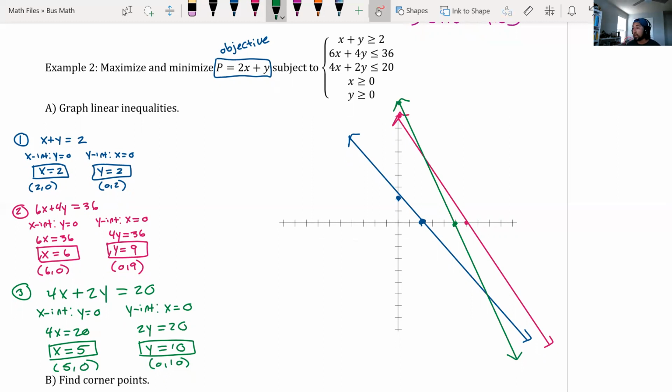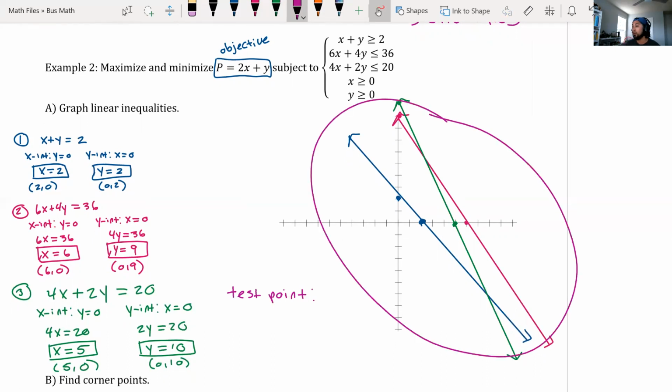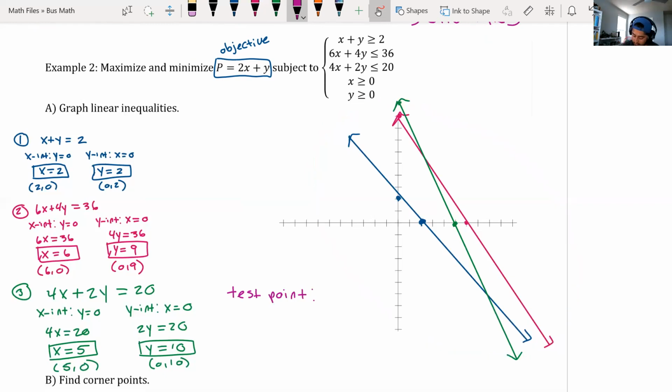Now we will shade. We shade and then we find corner points. Okay, so test points. And looking at all 3 lines, what point is right below them? Our favorite point of (0, 0). This point is right below them.